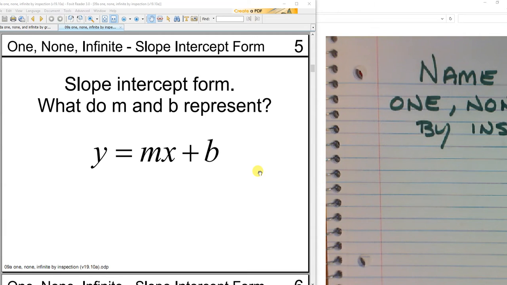So we have the slope-intercept equation here. We have y equals mx plus b, and we know that the slope is m and b is the y-intercept.